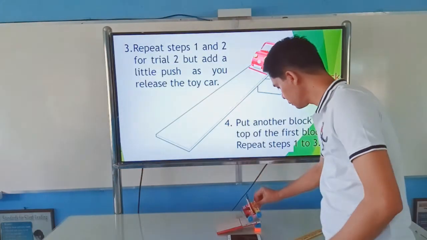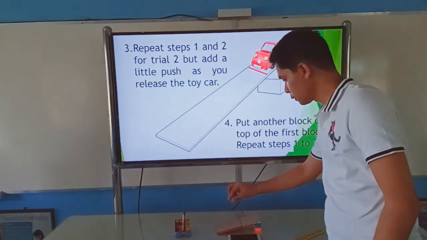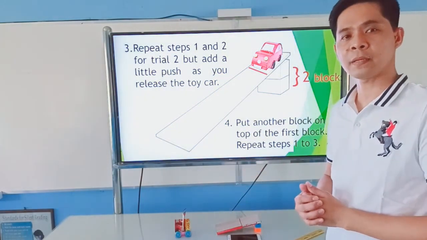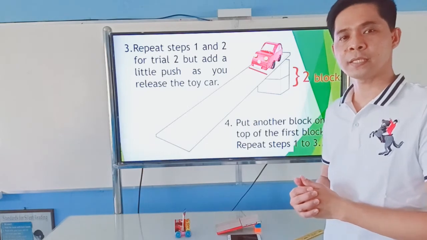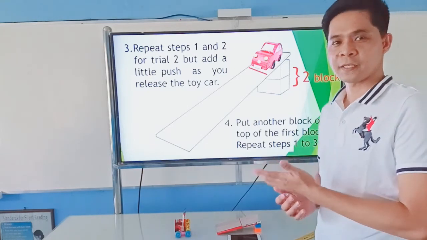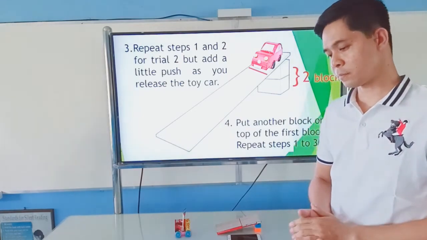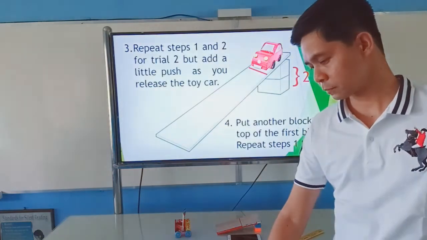So let's see. Okay, and the same as usual, record the time and trace and measure the distance it traveled. Okay, so now we are ready to perform the last procedure.